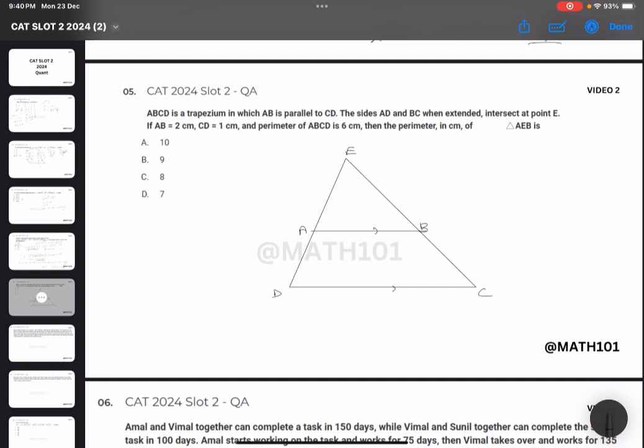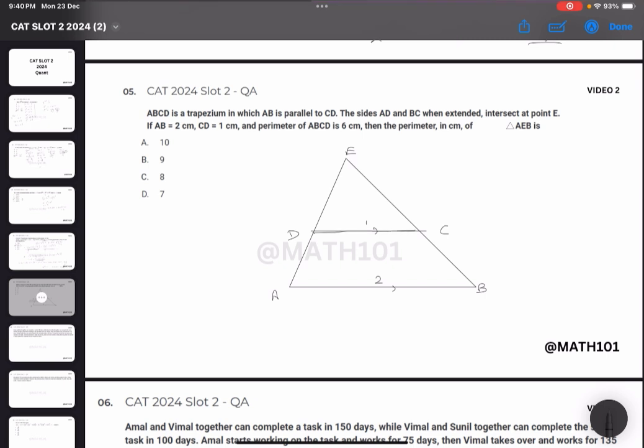If AB is 2 centimeter, okay, we'll just, this is A, B, C, D, this is 1 centimeter and this is 2 centimeter. The perimeter of ABCD is 6 centimeter. Then the perimeter in centimeter of triangle AEB is.